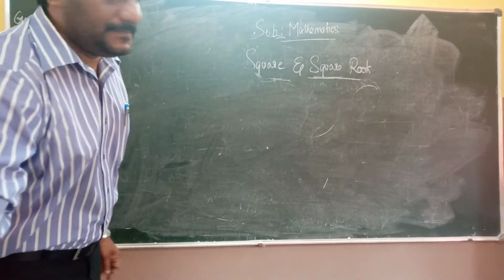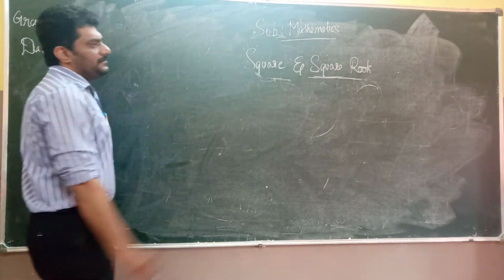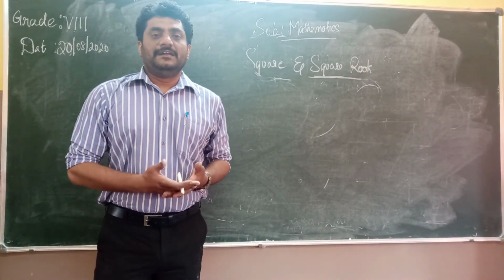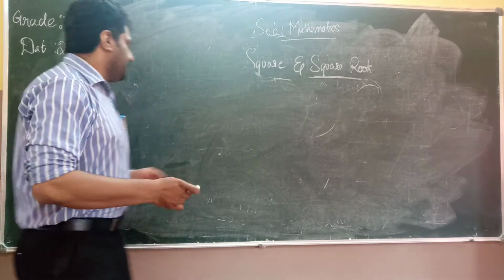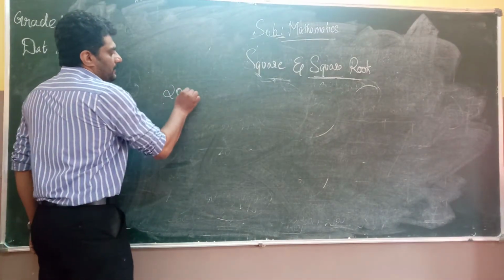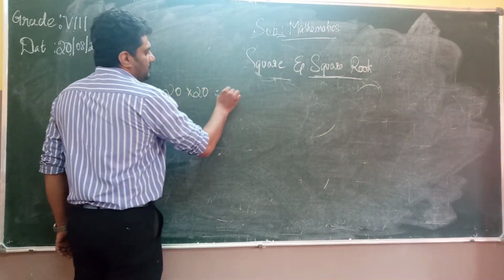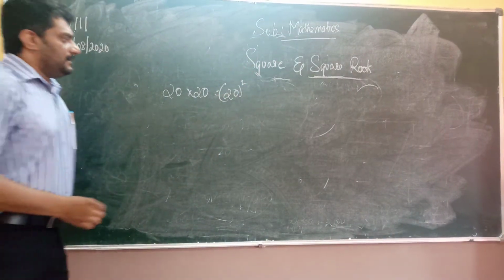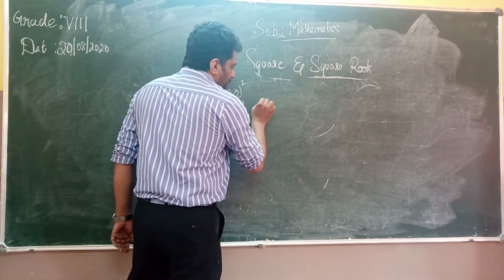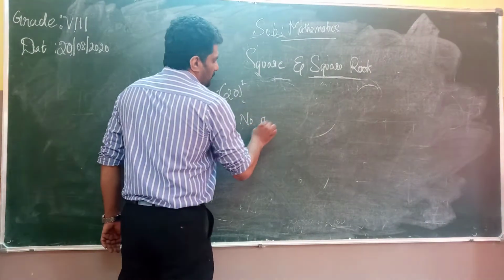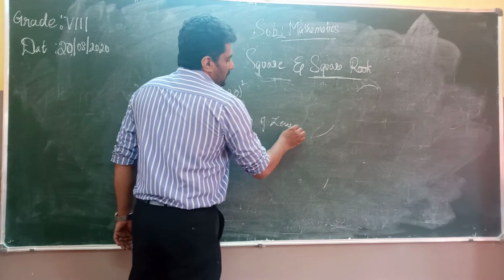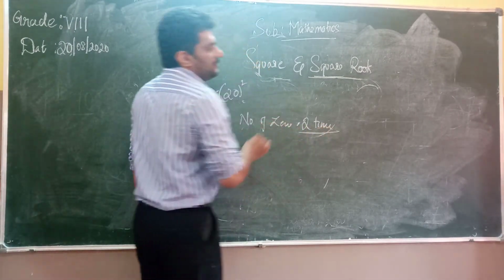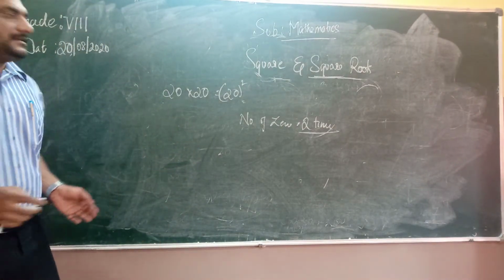Whenever you are finding the squares of a number ending with a 0, for example, 20 into 20, which is nothing but 20 square, the number of zeros will be 2 times the number of zeros in the number.